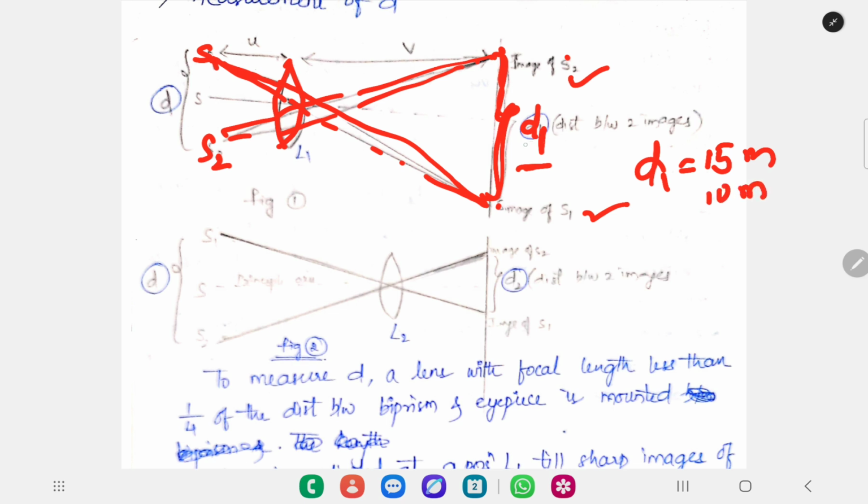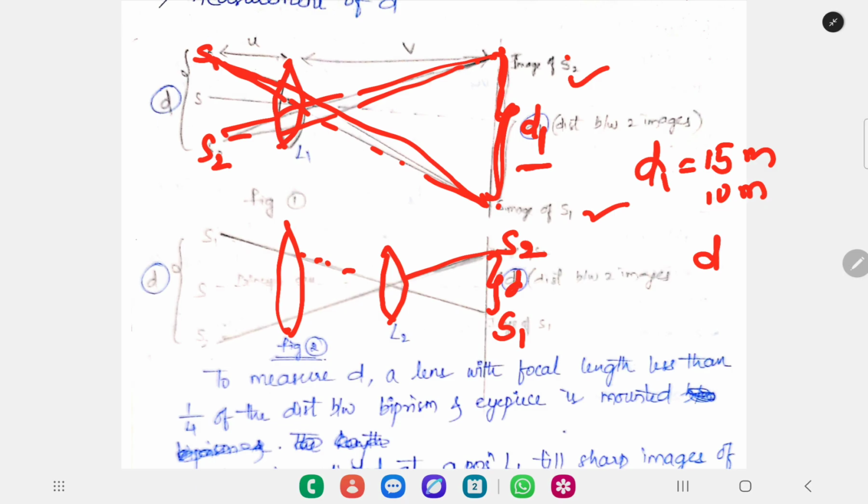But to get the accurate d value, once again we are moving the lens, which was here, to some other place. At that place we find out where we are getting the S2 image and the S1 image exactly. Then we have to find out the distance between those two images also.